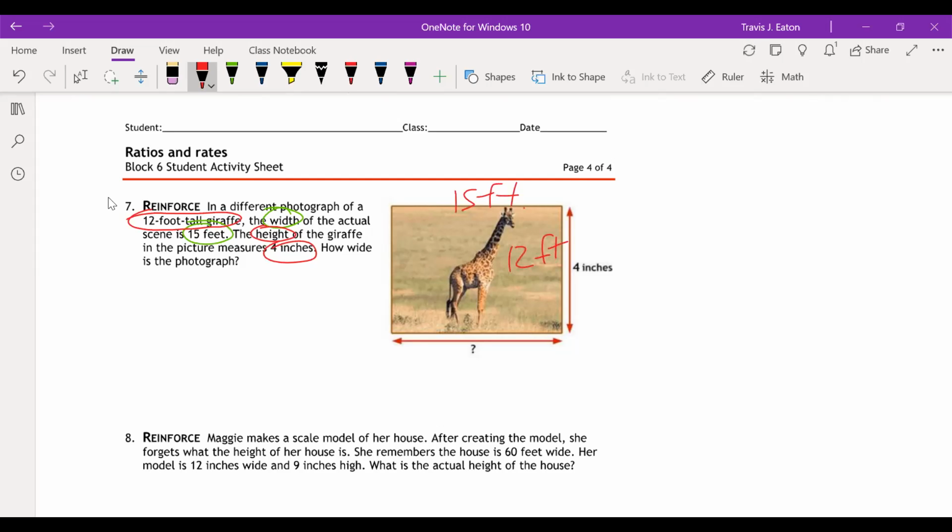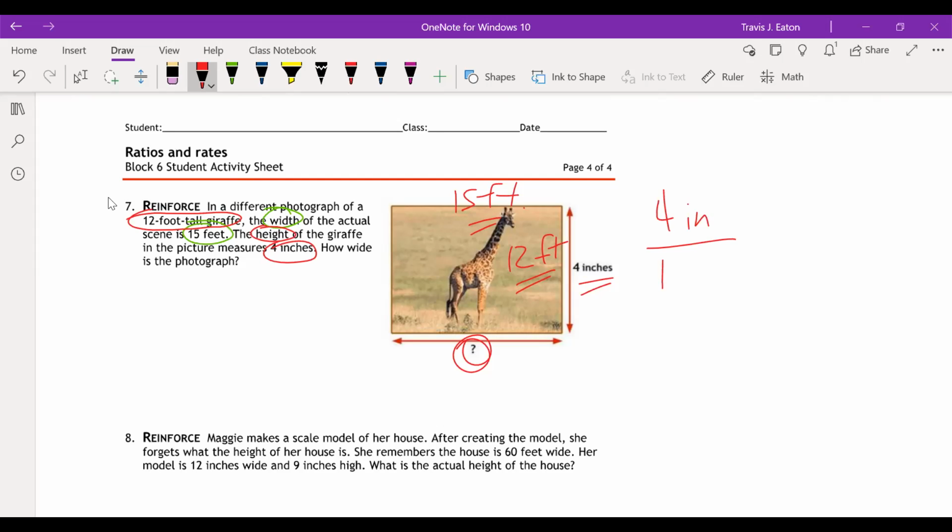So then how do we find out what this missing dimension is here? Now, there are a couple of different ways we could do this. First of all, let's just say that we compare the height, and then we want to find the width based on what we have here. So the picture is 4 inches high.